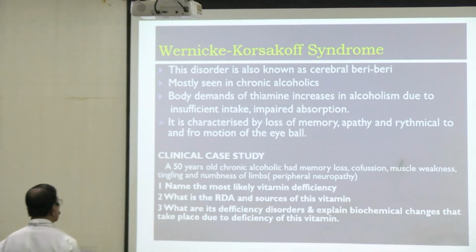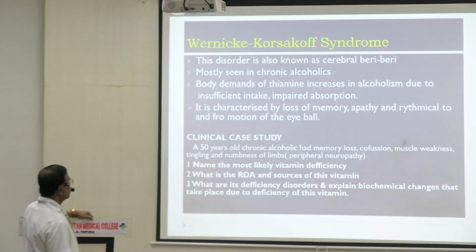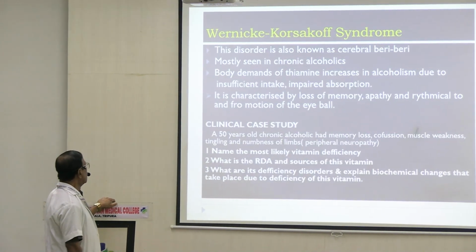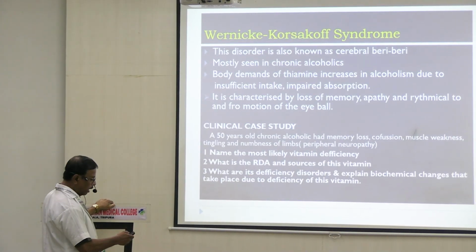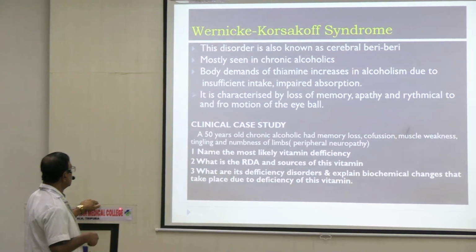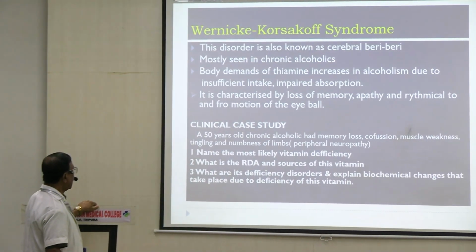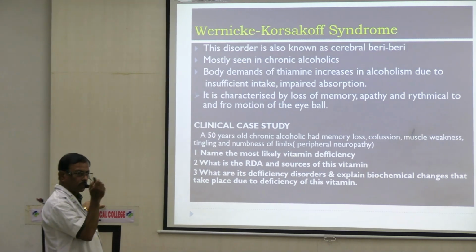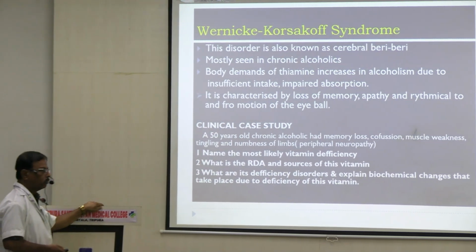The body's demand for thiamine increases in alcoholism, due to insufficient intake and impaired absorption. This is characterized by loss of memory, apathy, and rhythmical to and fro movement of the eyeball. They will have automatic rhythmical to and fro movement.